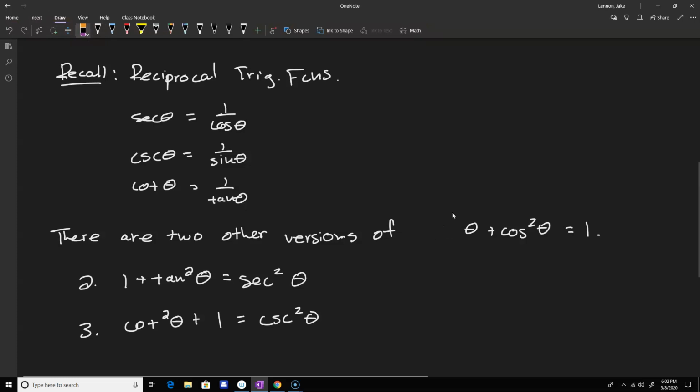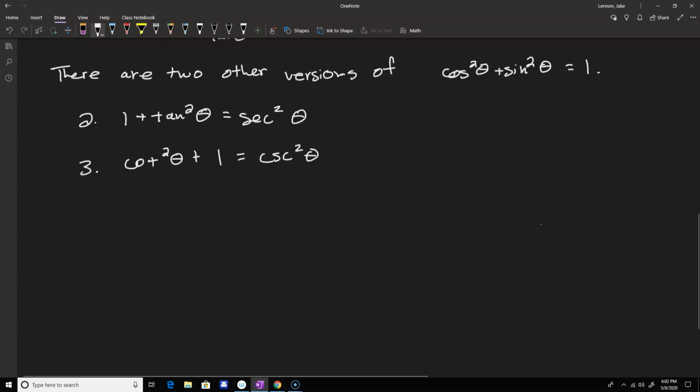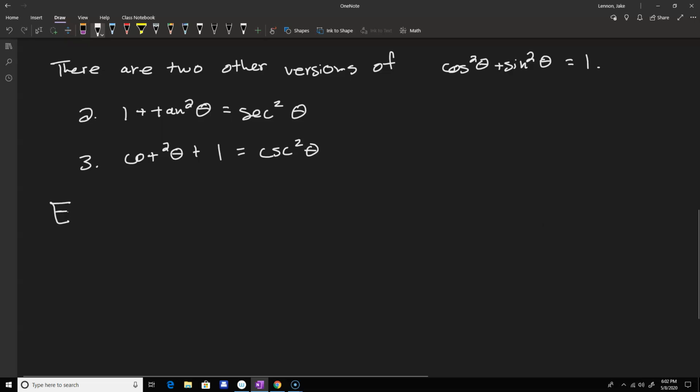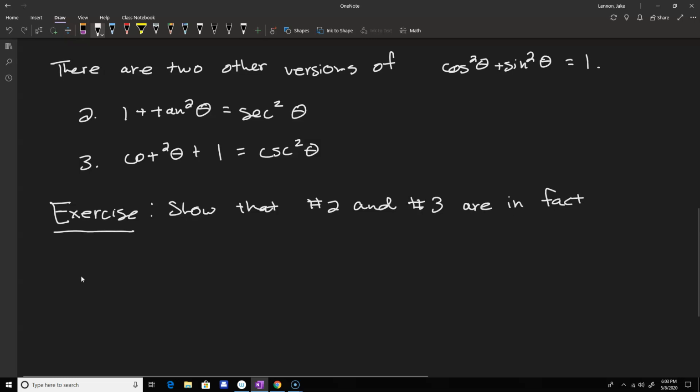So I want to write down a proof of these facts. So let me write this down using the previous ordering. So cosine squared theta plus sine squared theta, and let's just, as an exercise, show that number 2 and number 3 are in fact alternative versions of number 1.